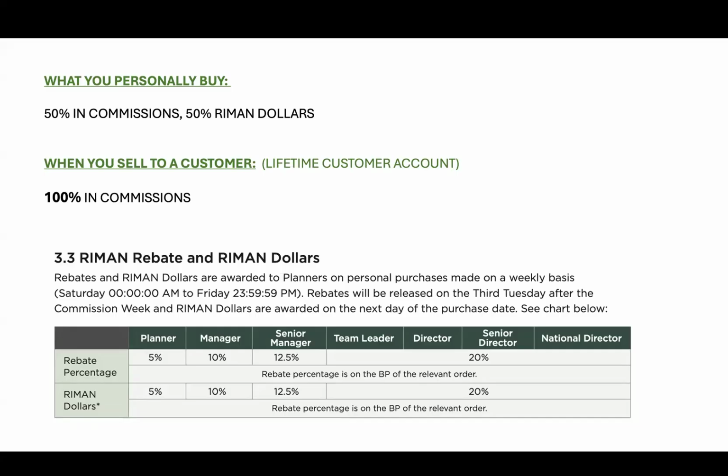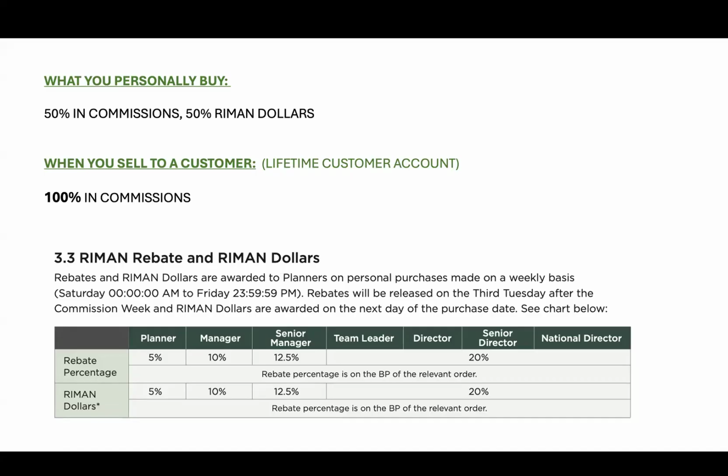However, when you sell to a customer, your wife can be a customer, your mother can be a customer, your offspring can be a customer. As long as you have an email and you open a free lifetime customer account, if the products are ordered through a customer account, you will get 100% in cash commissions.